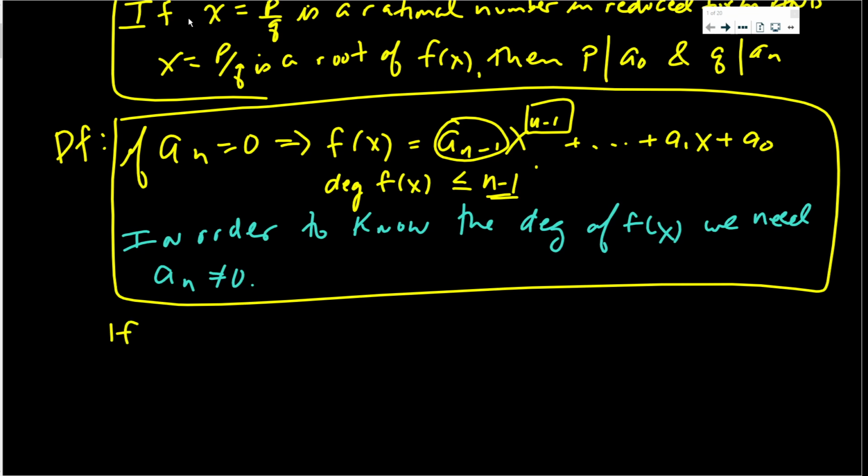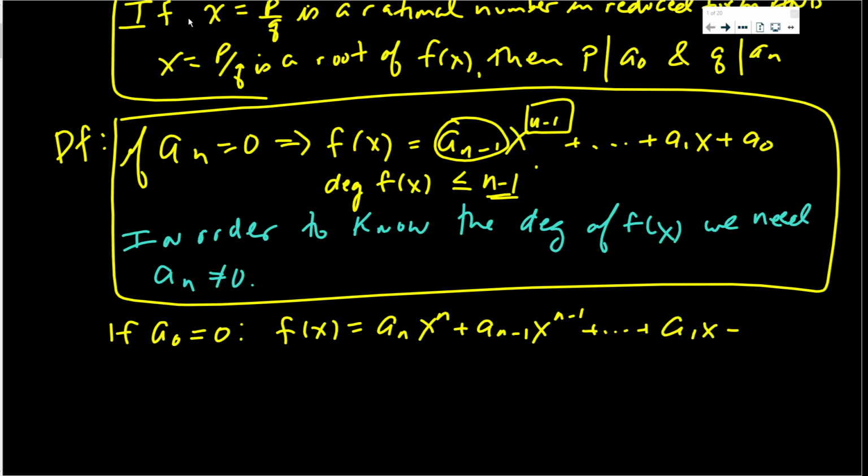What happens if the constant is 0? Then f of x is a n x to the n plus a n minus 1 x to the n minus 1, all the way down to a1x plus a0, which is 0. Well, we all know you don't have to add 0. There's a minor inconvenience here that we don't want to deal with.